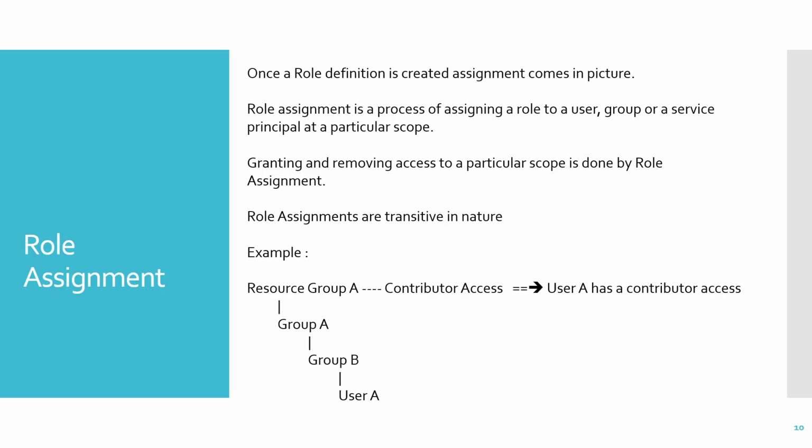You have a resource group A. Within that group, you have two groups, group A and group B, but group B is also a part of group A. And then the lowest level is user A, which is attached to group B. The highest level is the resource group and the lowest level is user A. Now, if you are assigning a contributor access at the resource group A level, then the lowest level user A also will automatically get contributor access. So that is transitive in nature.